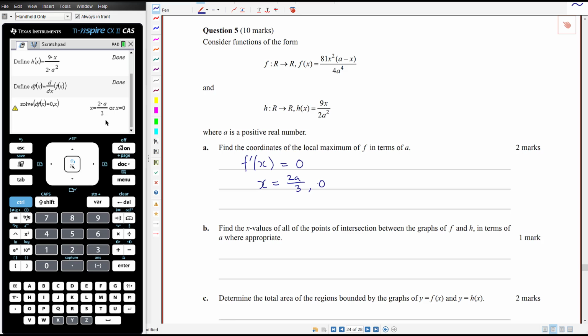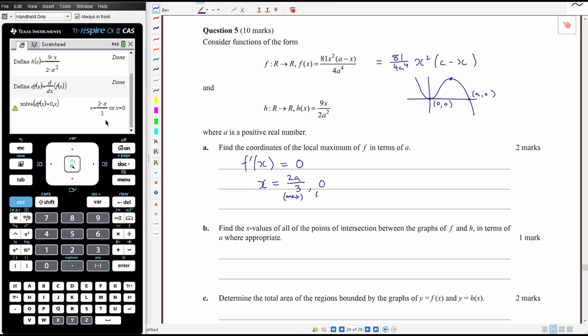Now if we think about this function, this is just 81 on 4a to the 4 with its number times x squared times a minus x. So this is a negative cubic function with a turning point at 0 and an x-intercept at a. That's what f looks like. And so therefore the coordinates of the local maximum isn't the 0. The 0 is clearly a minimum, thinking about that.